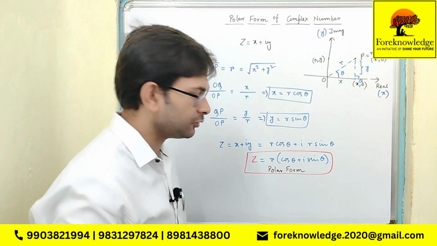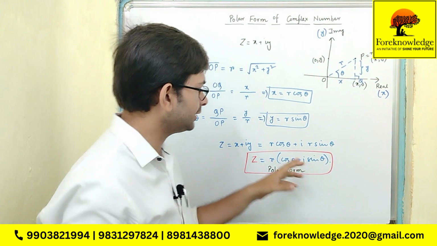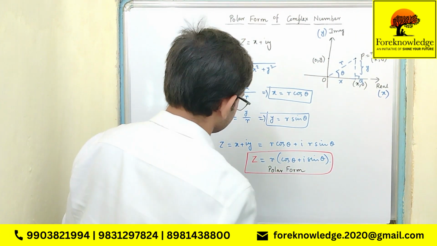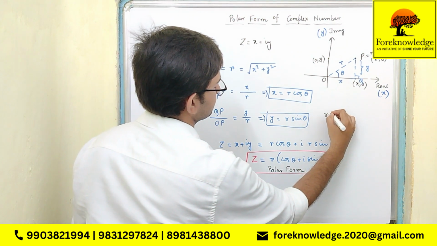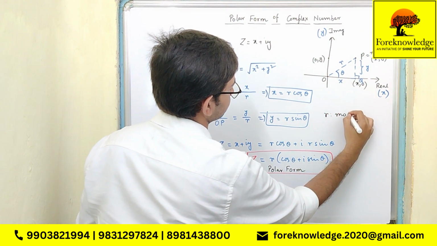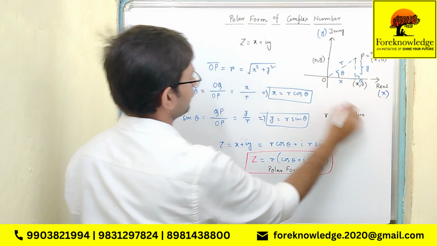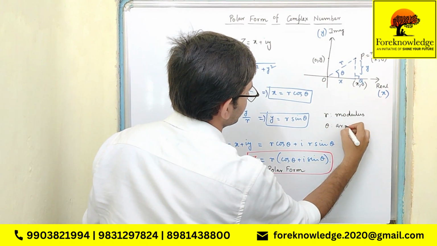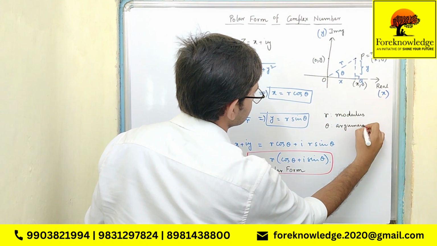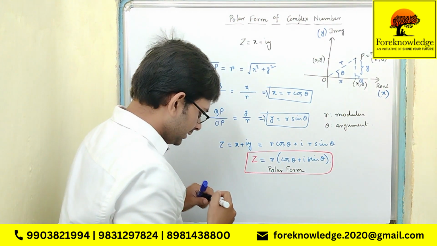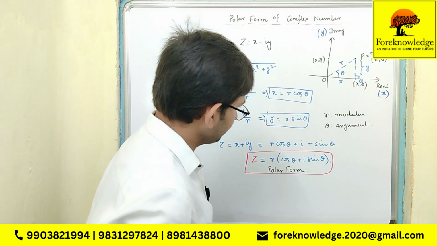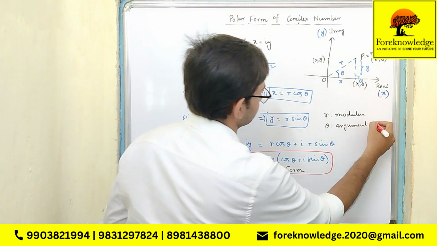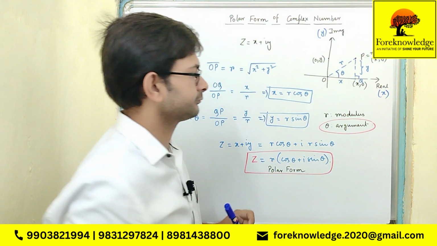But there are a lot of things to know about theta. Theta is nothing but the amplitude or argument. R is the modulus of the complex number, and the formula is root under x square plus y square, and theta is the argument of the complex number. In this video, now we are going to discuss this quantity argument.